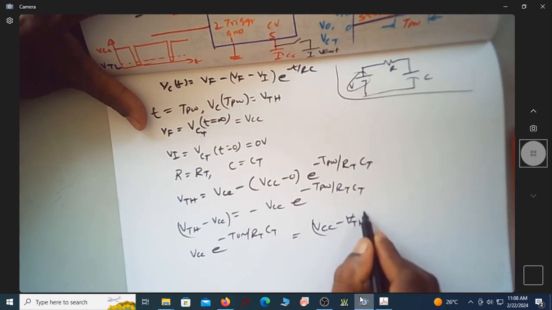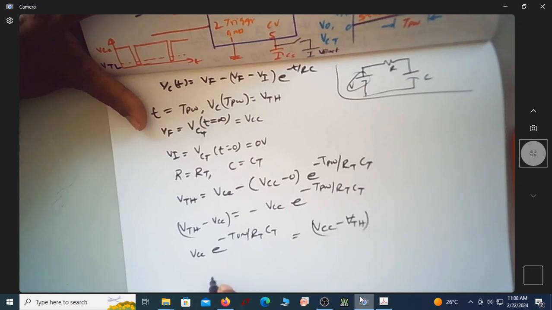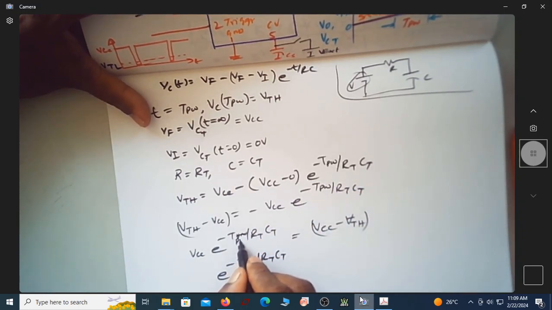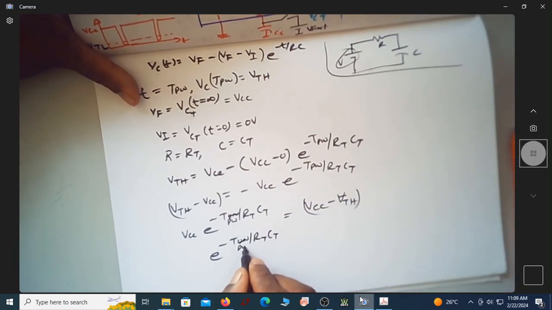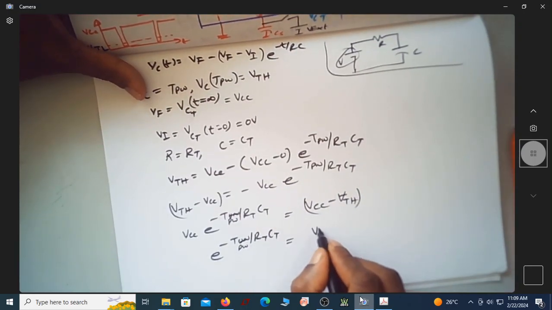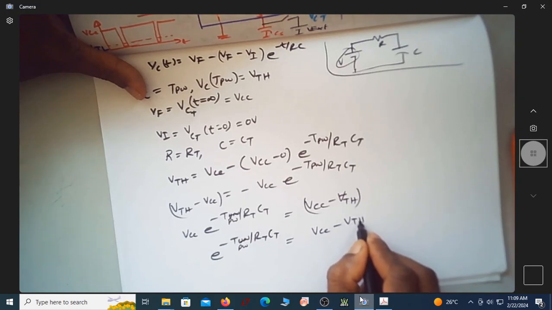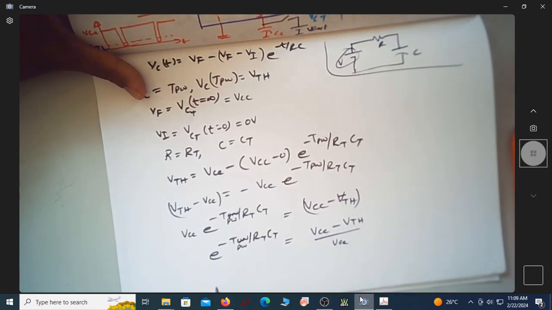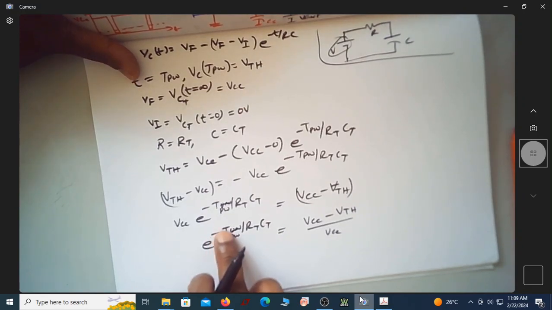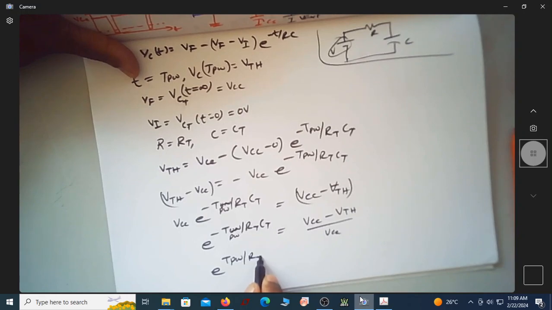So e power minus T pulse width by RT CT is VCC minus VTH by VCC. Now if I flip this, e power T pulse width by RT CT is VCC by VCC minus VTH.